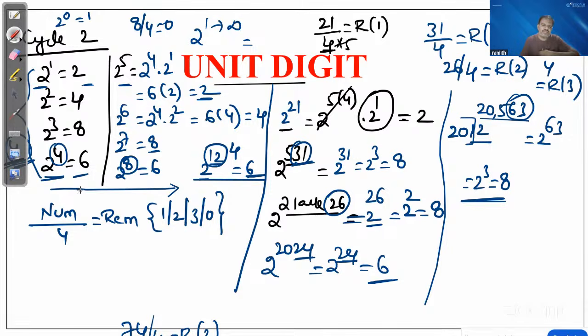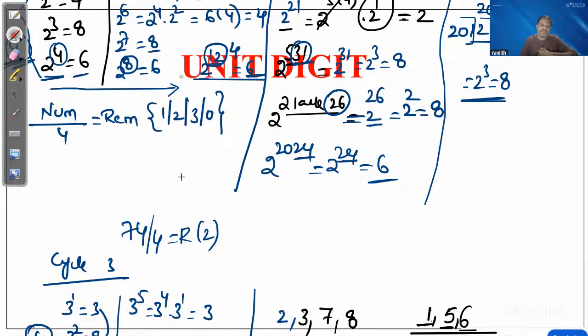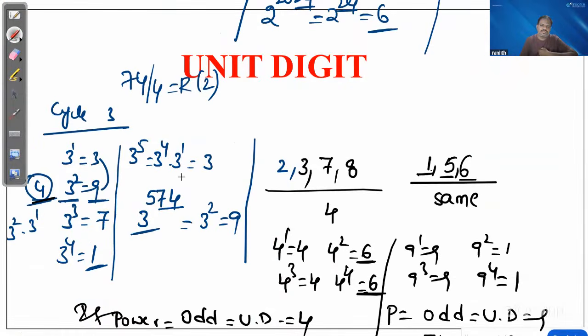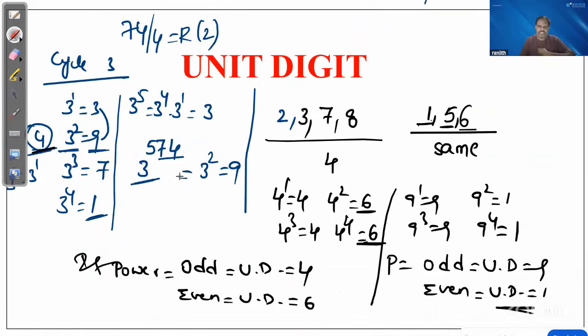And the next will be equal to, so just write down 2, 3, 7, 8, 1, 5, 6 and 4 and 9.